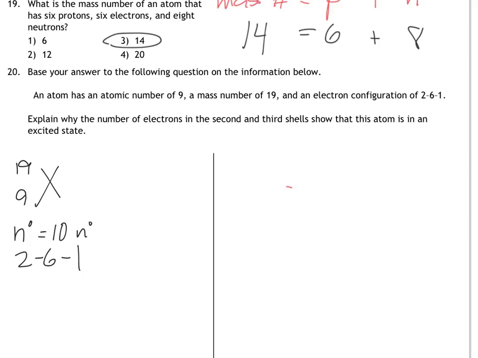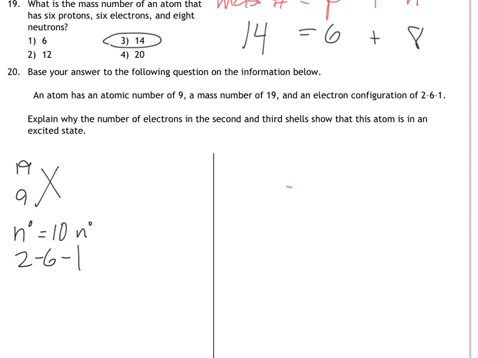That, by the way, I'm glancing at my periodic table, and I can tell that that's not a ground state for any element, because this electron right here could fit in that orbital. So this is not a ground state, from what I can tell. So explain why the number of electrons in the second and third shell shows that this atom is in an excited state.